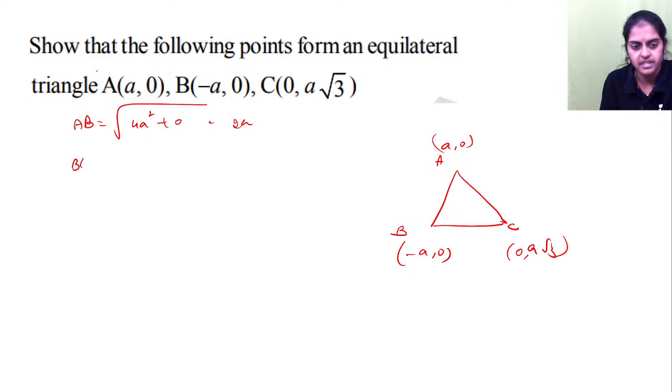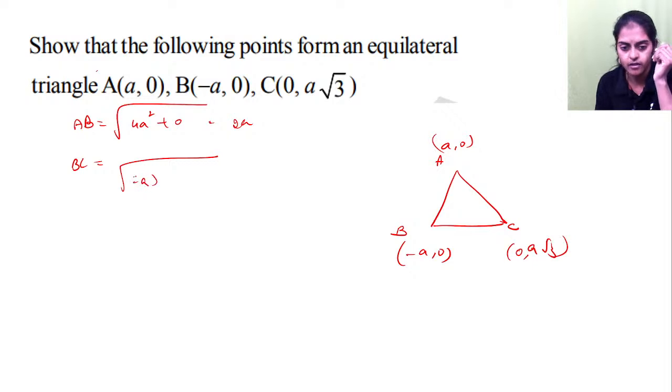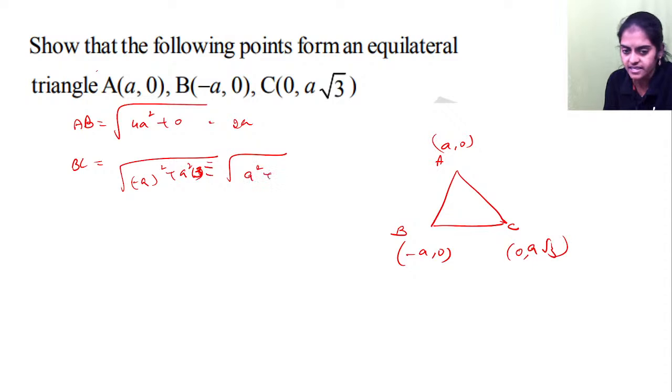Then let us find BC also. BC is equal to root over minus a whole square plus 3a square, that is equal to root of 4a square, so that is 2a. Then find AC.